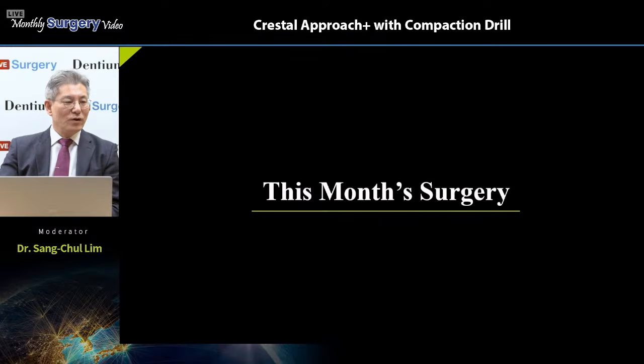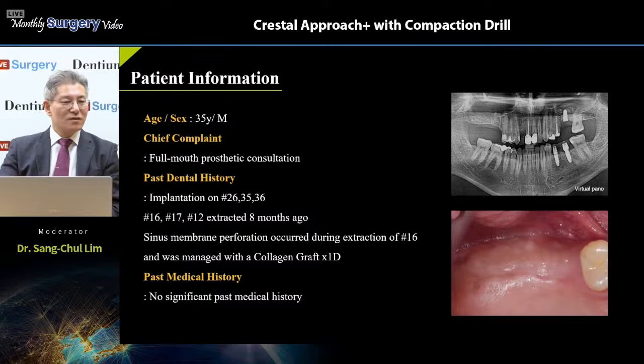And now we're going to move to this month's surgery. This month's surgery will be performed on our patient, a 35-year-old male. His chief complaint was a full mouth prosthetic consultation.